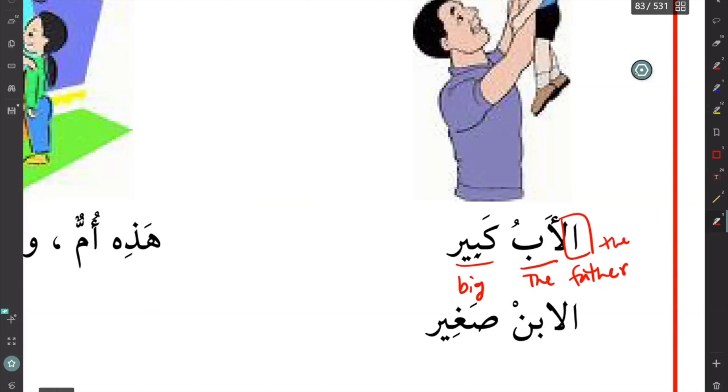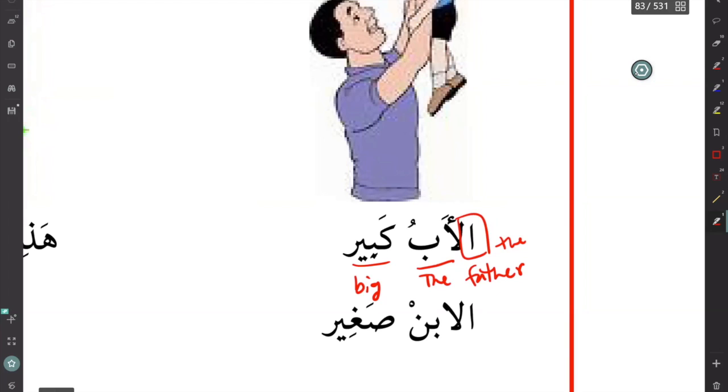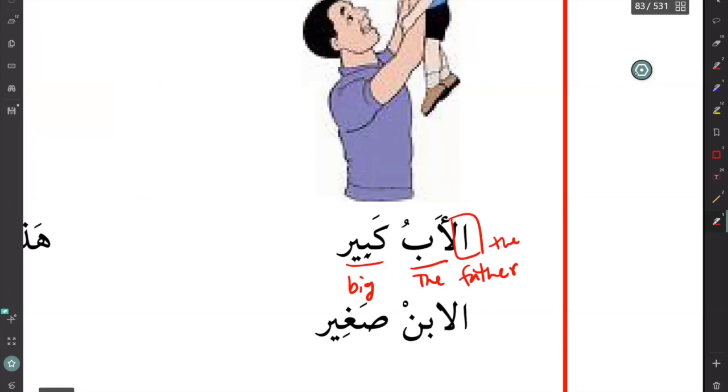So what's going on here? It's saying al-abu kabir. So the father big, right? But this is a sentence. In a simple sentence in Arabic language, we don't use the verb is. We just say al-abu kabir, which means the father is big. Okay, so this would be a whole sentence. Maybe I should write the translation here. The father is big. Okay, the father is big.